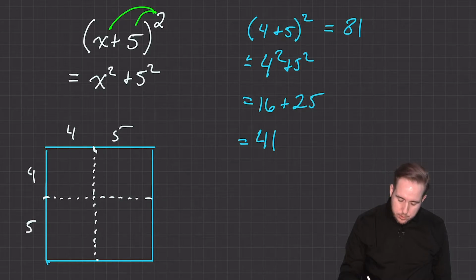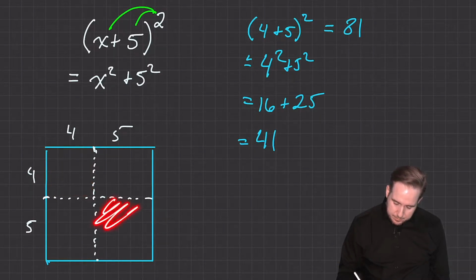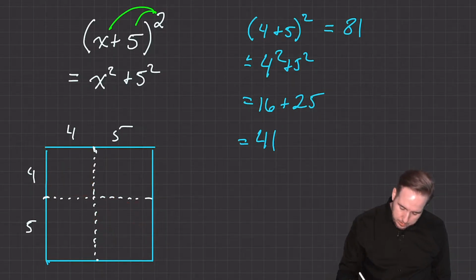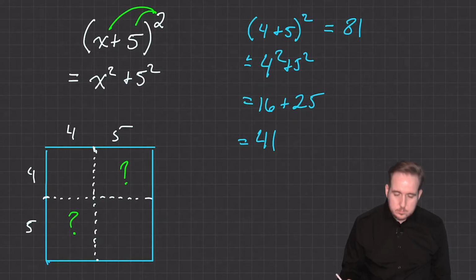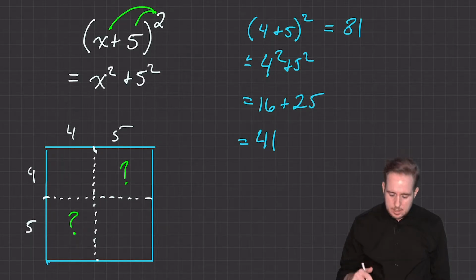If I do the shortcut, I am only getting 4 times 4 plus 5 times 5, and all of these squares are missing. So how do we do that right, even if we're going to have variables inside?